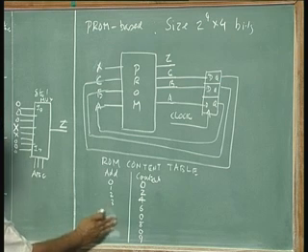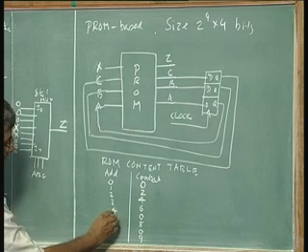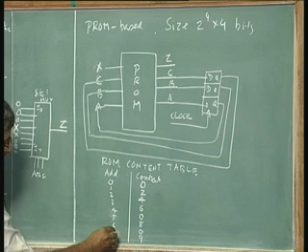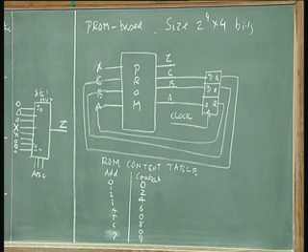Okay, this is 4, 5, 6, 7, 0 to 7. Is that right?